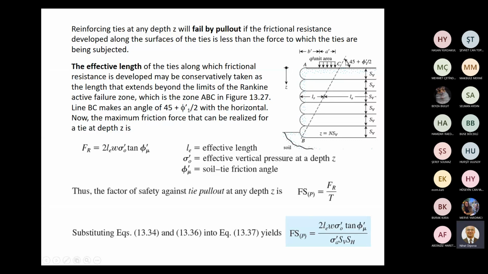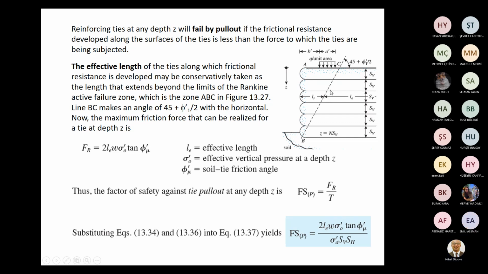So in front of this line BC, the length of this zone doesn't contribute to pull-out resistance. So we have to consider behind this BC line. So we name this zone as effective length.